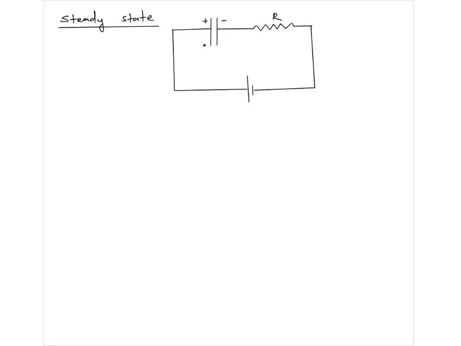And when the capacitor is fully charged, it blocks current. So at steady state, the capacitor acts like an open circuit. It's like you have cut that part and no current can flow through that part.